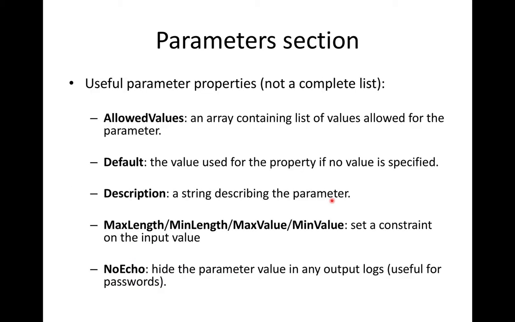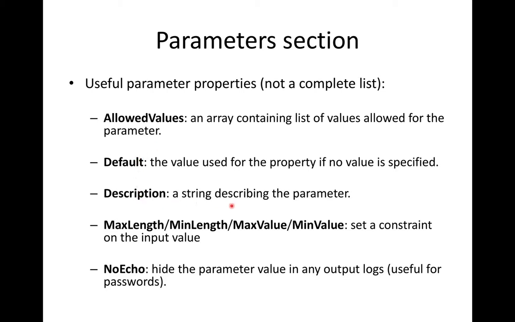When you are setting parameter properties, there's a number of really useful properties that you can select from. For example, you could specify a list of allowed values for the parameter. You could specify a default. That's very common. If the user that's launching a stack using the template doesn't provide a value for an input parameter, then you can automatically set that parameter to a default value.